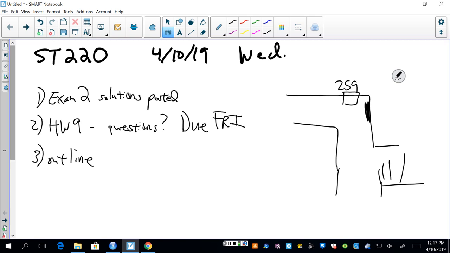We're going to talk about an outline of things that are coming up, and then we're going to talk about analysis of variance. We'll do an example like the homework, investigating things, a little bit of this business of multiple comparisons, and then an example to introduce the idea of two-way analysis of variance.